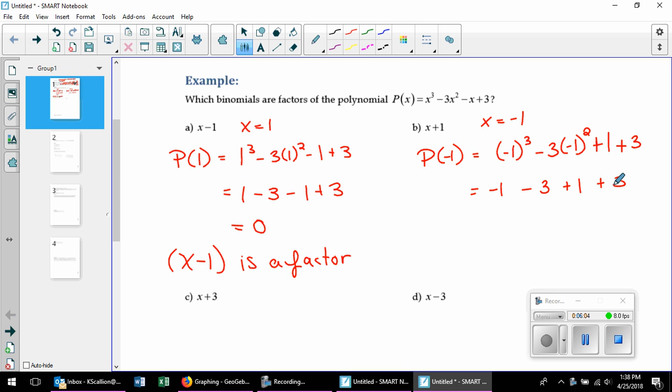Are you sure? So we know that x plus 1 is a factor.